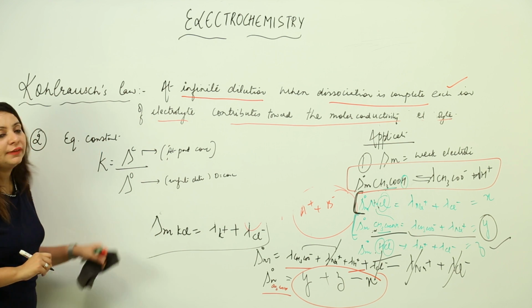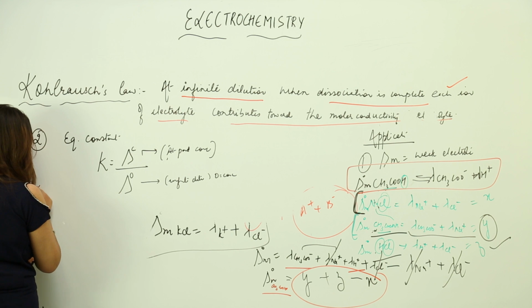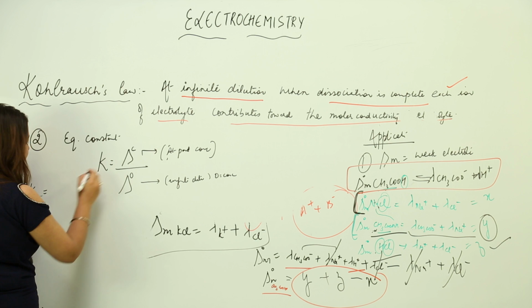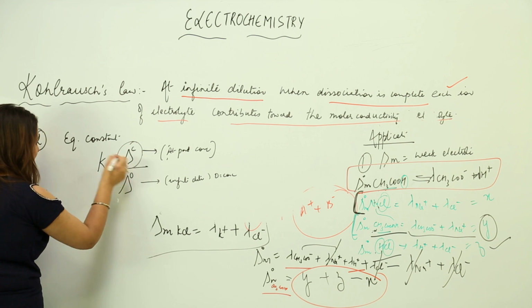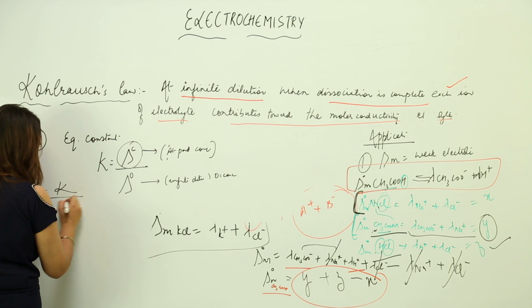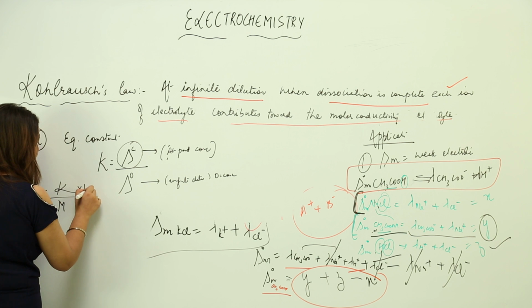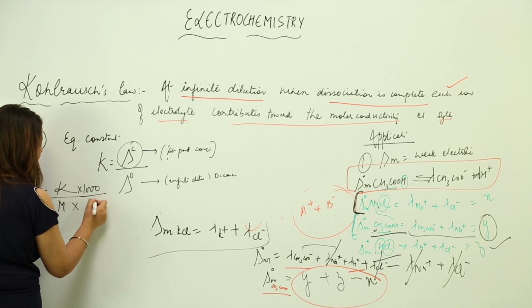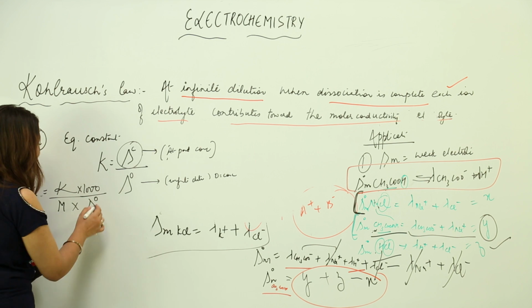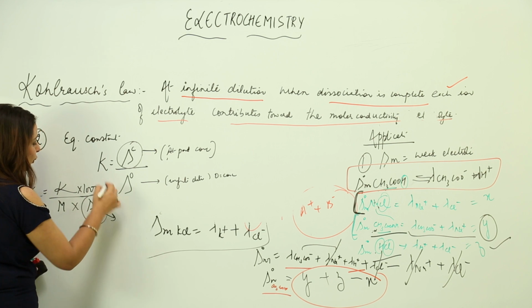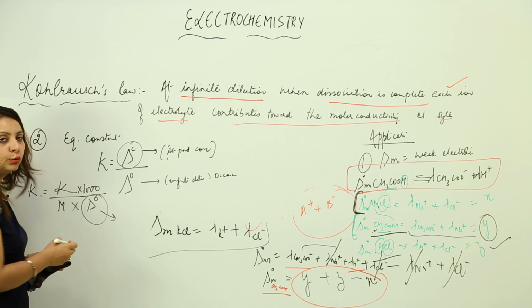So if we just put the values, what we get is the equilibrium constant is equal to, we are going to put this value, and what is this value? It is kappa upon m, by converting the units for the volume, and we have this lambda naught, and we can find this lambda naught by the Kohlrausch law, and the rest you know how to find.